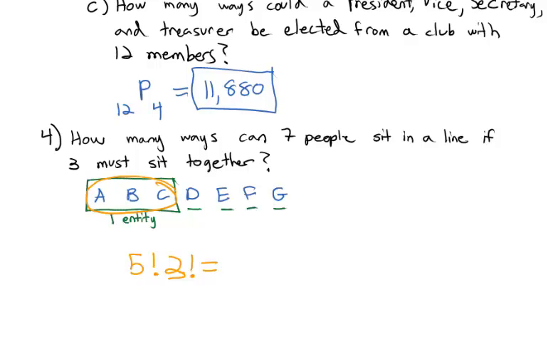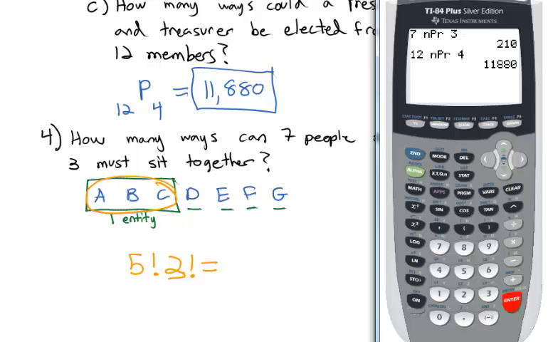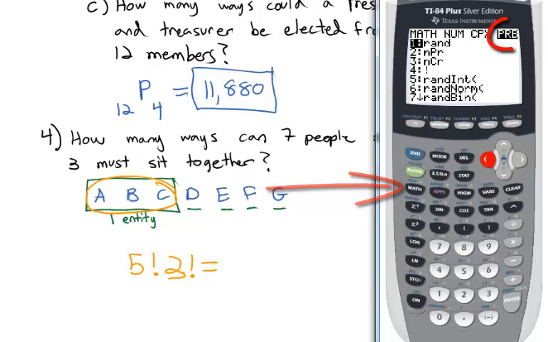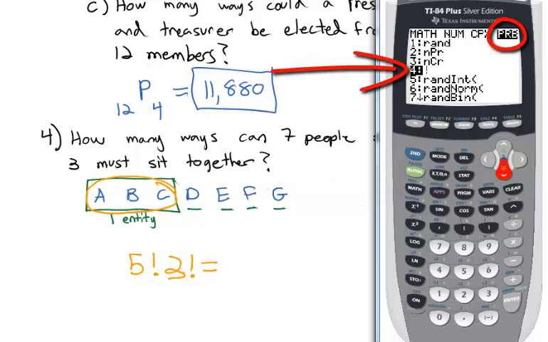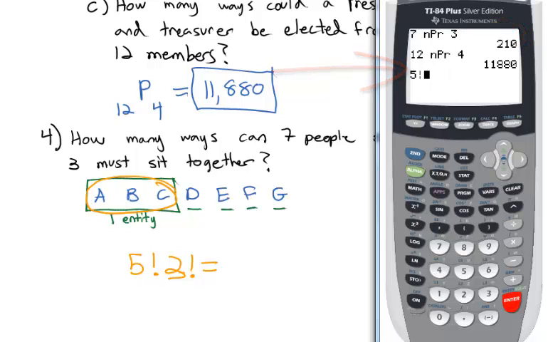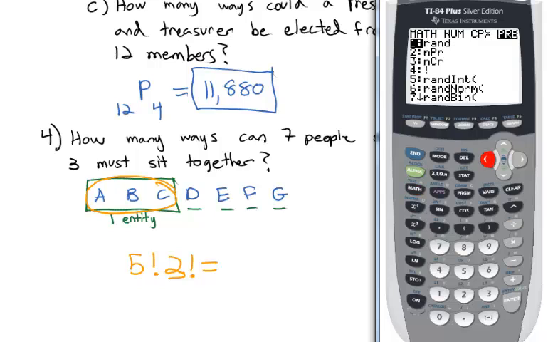We've got 5 factorial times 3 factorial. We can do that on our calculator as well. We hit 5, and again we go to math and over to probability, and you notice option 4 is the factorial command. So 5 factorial, 3 factorial also, down to option 4.